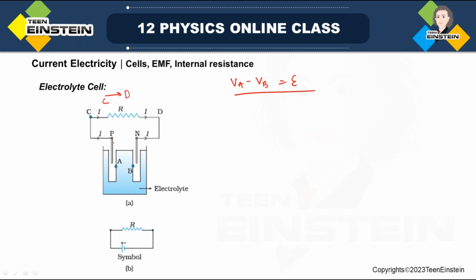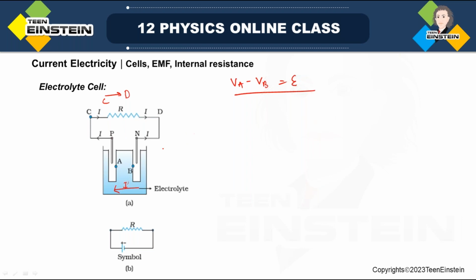But what happens? There will be a kind of closed circuit inside the liquid also. So the current is flowing this way, C to D, but inside the electrolyte the same current will flow in the opposite direction.